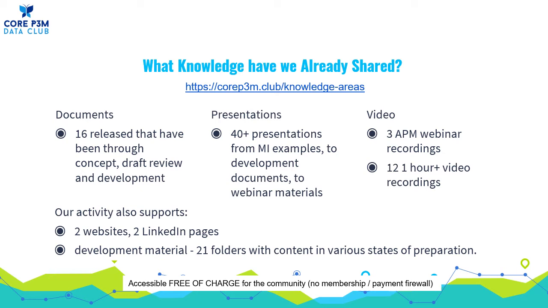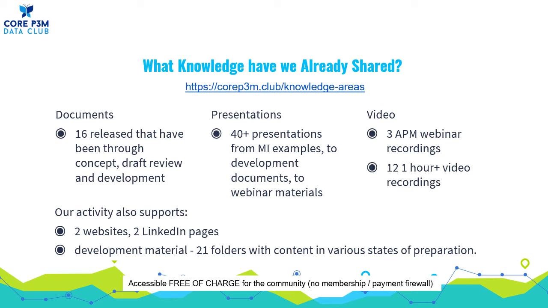The club has been busy for nearly 3 years now. You can access our material on the link provided. In summary, we have about 16 documents that have been through concept, draft, review and development. We've produced over 40 presentations, from management information examples to development documents that underpin our writing to webinar materials.